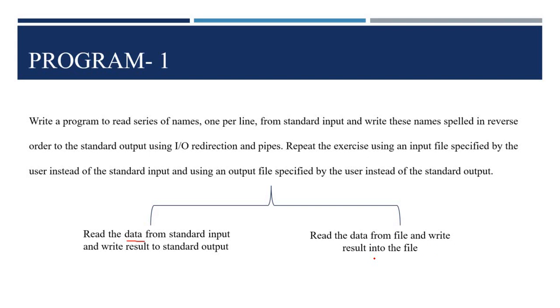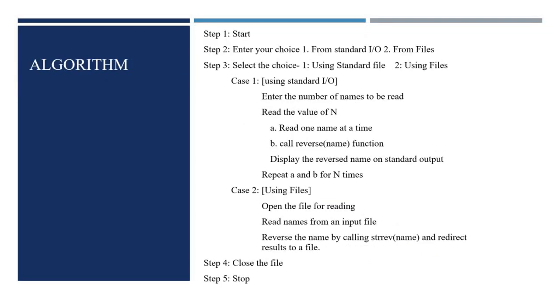So this can be done in the following process. Enter the choice. The user will be asked whether to perform the operation with the standard IO or with files. Based on the user's choice, he will select either 1 or 2.